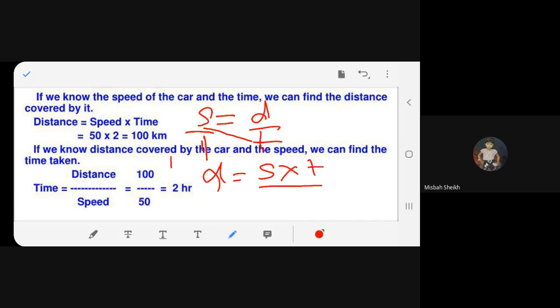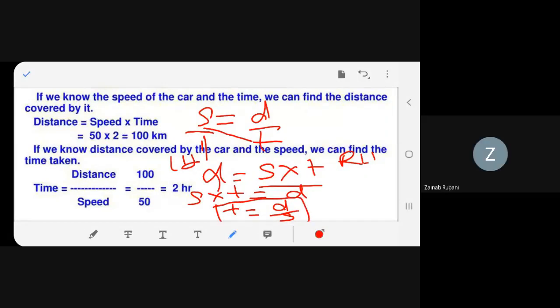So this is the left hand side and this is the right hand side. I'm taking the right hand side to the left hand side. So I can write S into T is equal to D. So T will be D upon S. Do you have any problem? No. All of you understood?